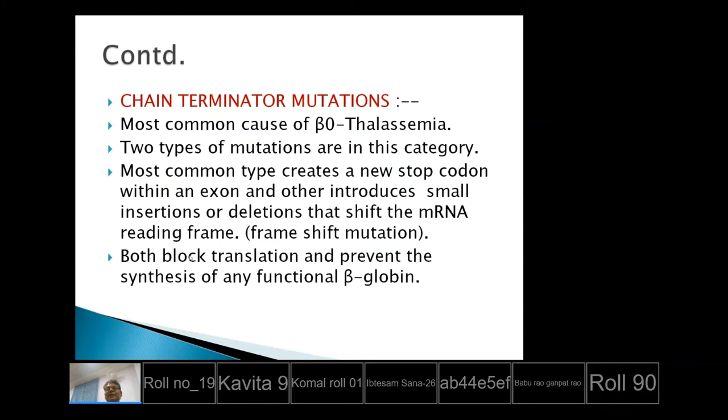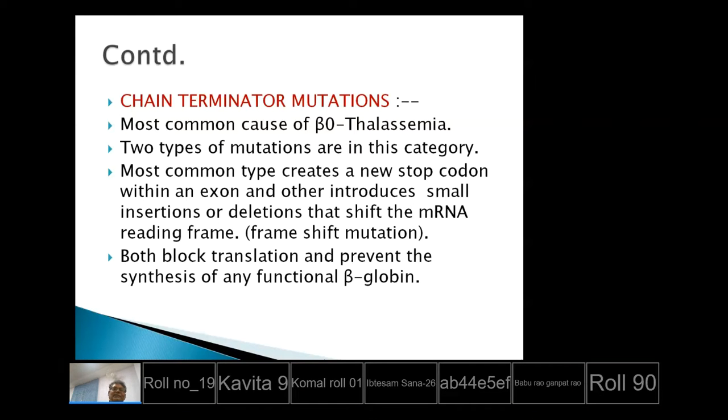Two types of mutation in this category: the most common type creates a new stop codon within an exon, and the other introduces a small insertion or deletion that shifts the mRNA reading frame. If there is a new stop codon, protein synthesis is stopped.